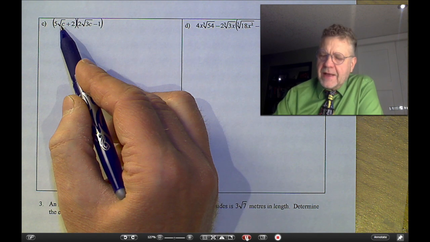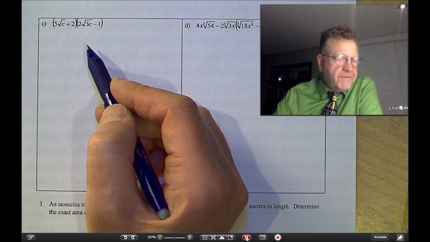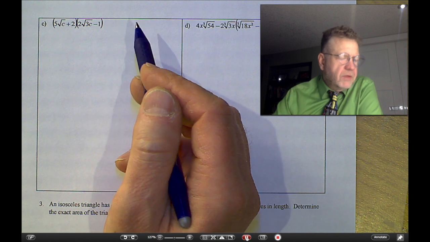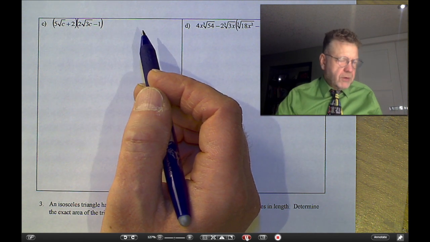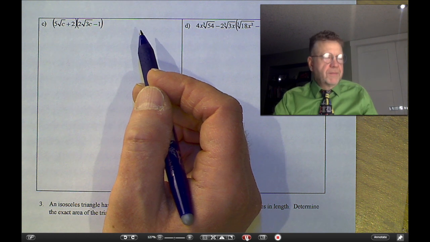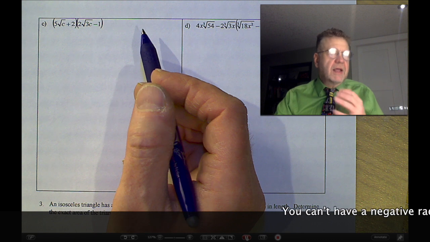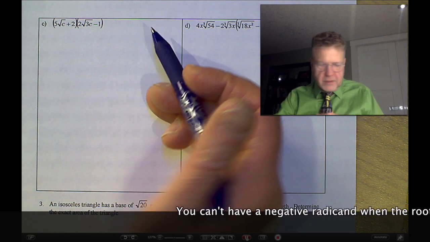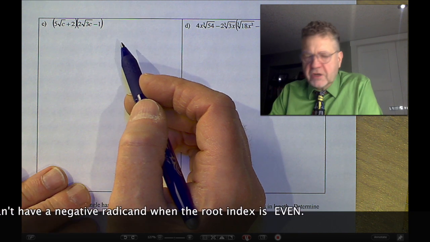Now you already see a radical, or you already see a variable inside of a radical. So right off the bat, you know that C must be greater than or equal to 0 in this case, right? Because you can't have a negative radicand, and so at the end, just keep in mind that you're going to have to state and declare your restrictions.